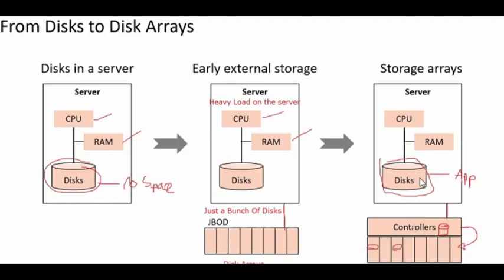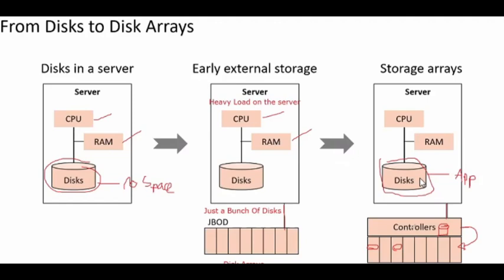The server can mainly cater for the application now, and the storage controller will cater for the backend data, right? So the server doesn't have to worry about where the data is saved, how it is going to be saved, what kind of file format, and all these things. All that is taken care of by the storage controller. Hence, a lot of processing power is alleviated from the server itself.